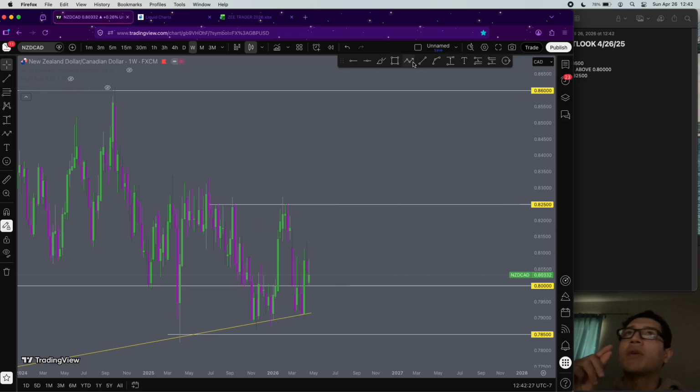So now on the weekly, we could already see we're also bullish. The bullish trend respected. Monthly bullish, not only do we have the monthly bullish engulfing candle above 0.80, but we have a weekly bullish engulfing candle above 0.80, and this is starting to look like a higher low above 0.80.